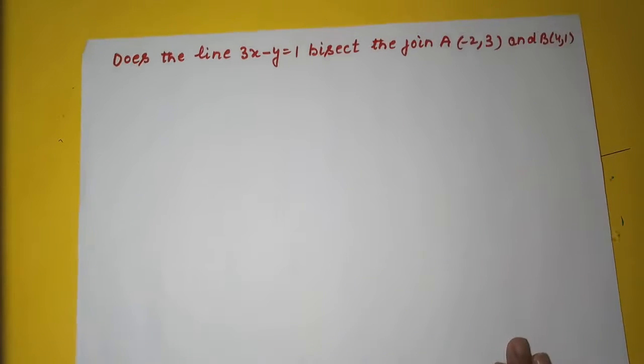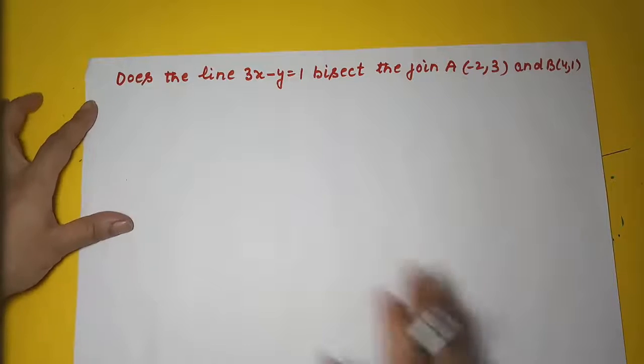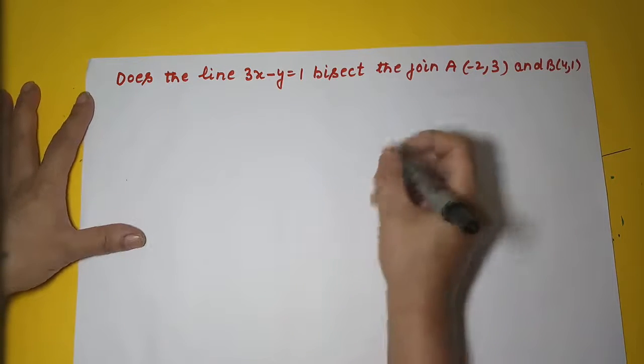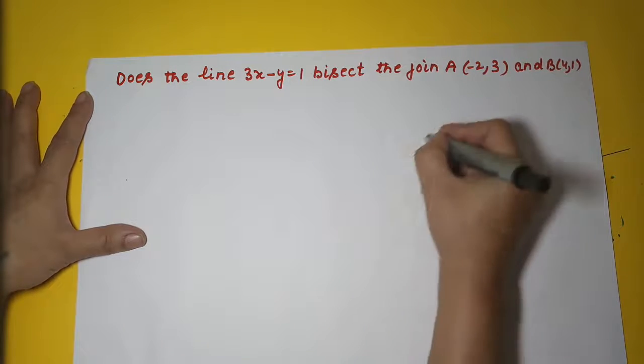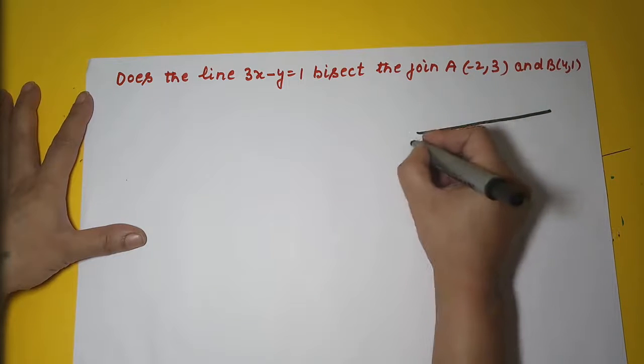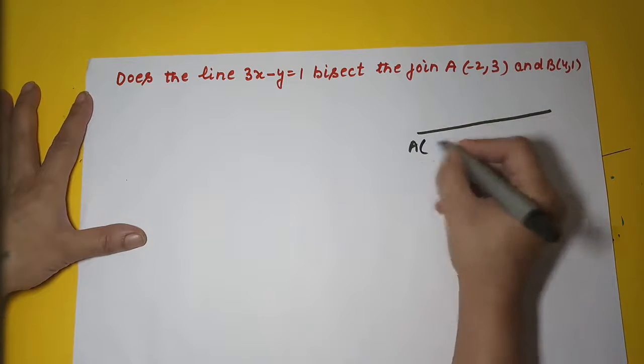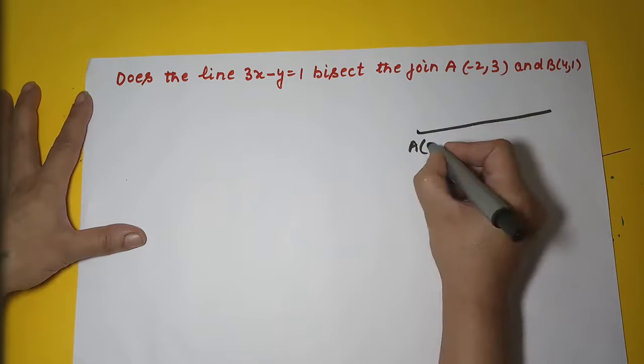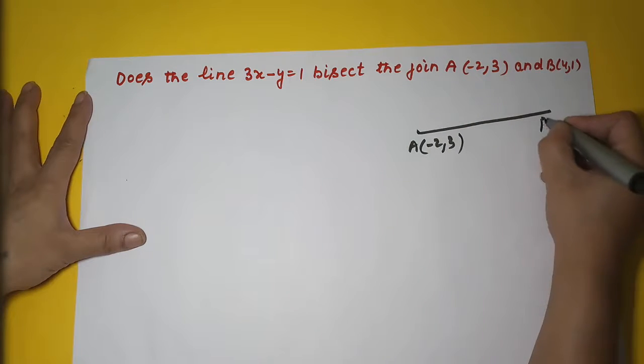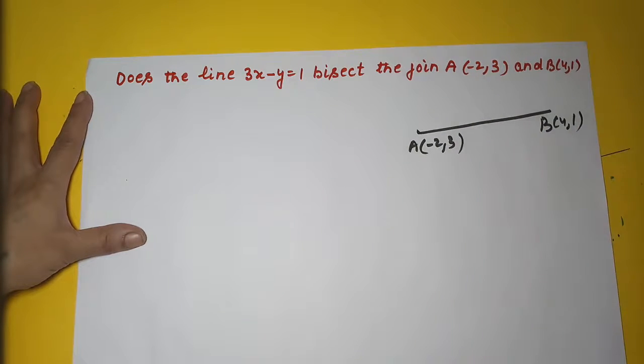Okay. Now next one. Next question is saying: does this line bisect the join of this? Okay. We have a line whose endpoints are A -2 and 3 and B 4 and 1. Fine.